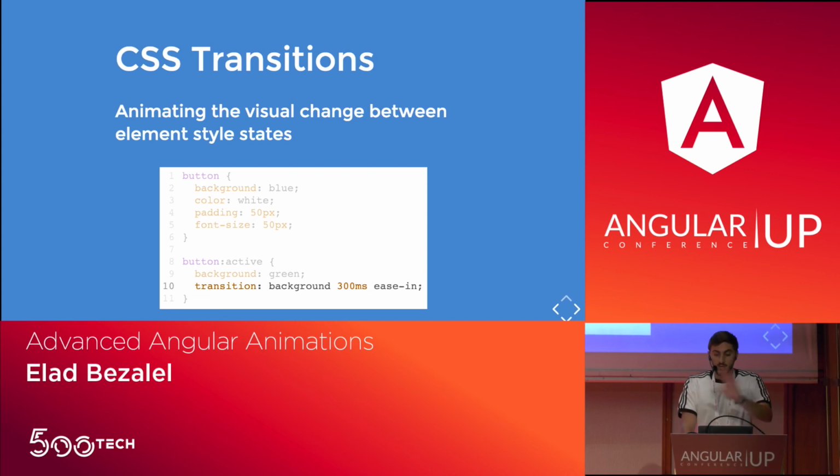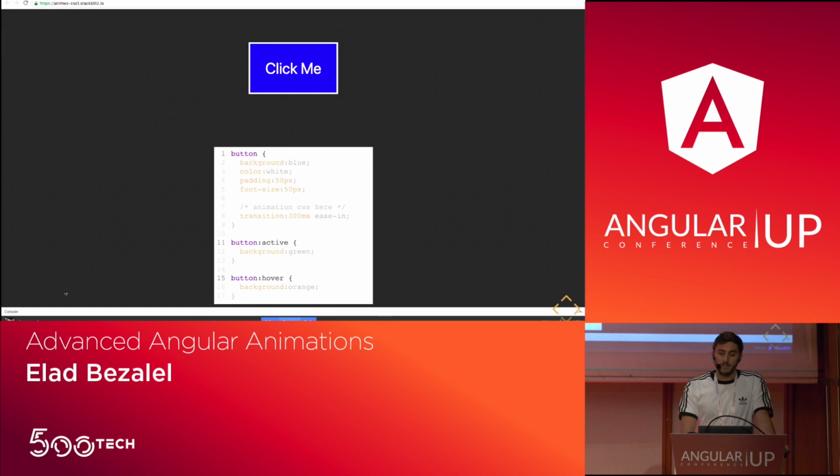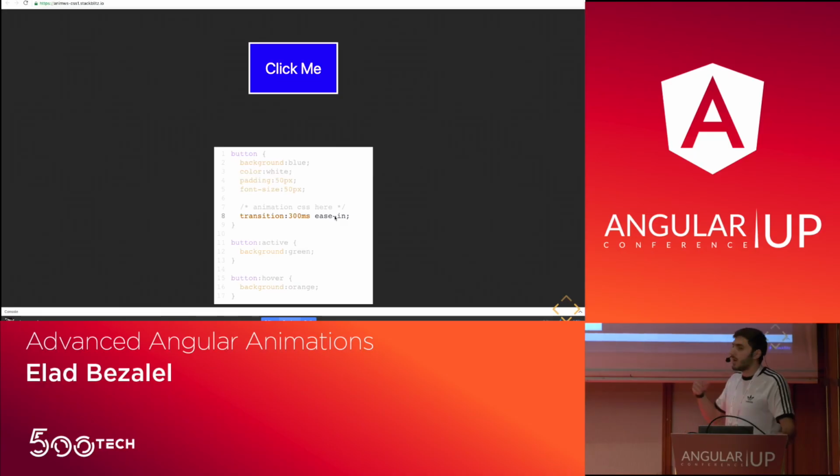This is all I have to do, and then when I have a button, if I click it, it will go green. You see, I have a button, active, and hover. When I hover, it goes orange. When I click, it goes green. Simple, beautiful, working. And all I had to do, of course, is set this transition here, and the browser automatically does all the stuff for us.